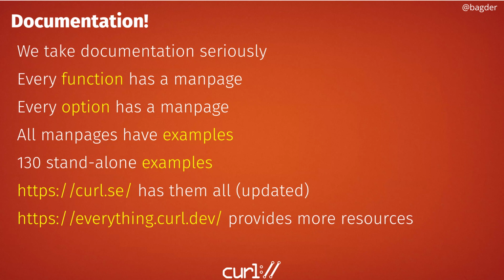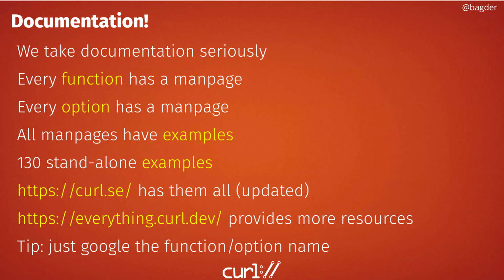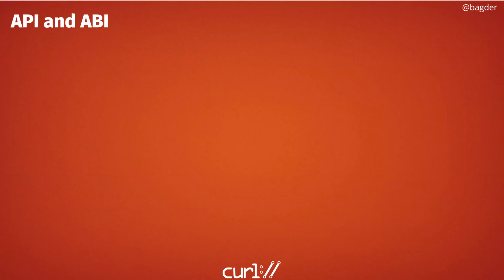Sometimes with the man pages you have to know what to look for to know which man page to search for, for example. The book Everything Curl is meant to be a little bit of a more casual explainer. Maybe get started there. And it's actually really easy: if you have a function or option name in curl you want to learn about, just Google it. It's really easy to find the correct documentation URLs or web pages like that.